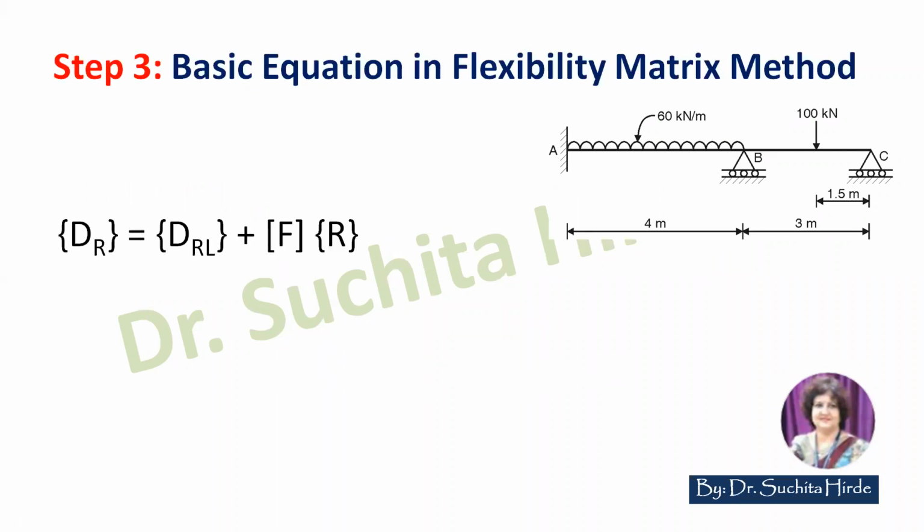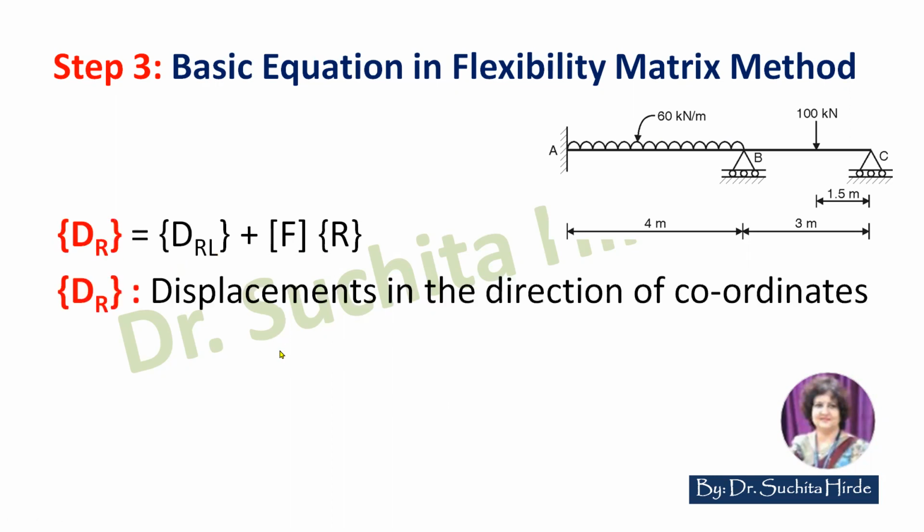Now the basic equation in flexibility matrix method. You know that the equation is Dr is equal to DrL plus F into R. Now let us understand the meaning of each of these terms. Now Dr means displacement in the direction of redundant reactions.